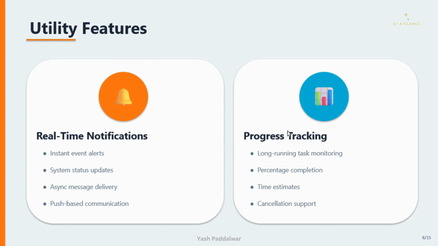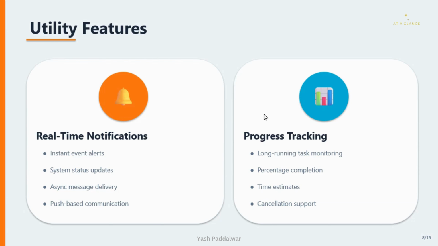Next is progress tracking. Let's say there is a very long task, for example the analysis of a huge data lake. Then in that case this progress tracking will help. It will track the entire progress updates for longer tasks, like for example percentage completions, to what extent that particular task has been completed, 10%, 20%, or so on.